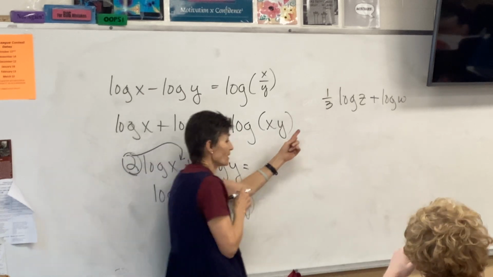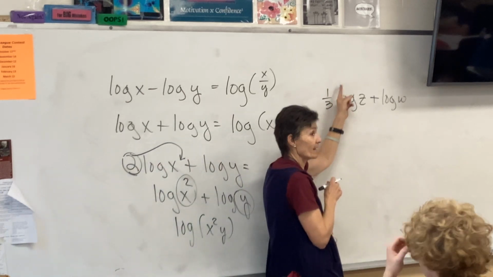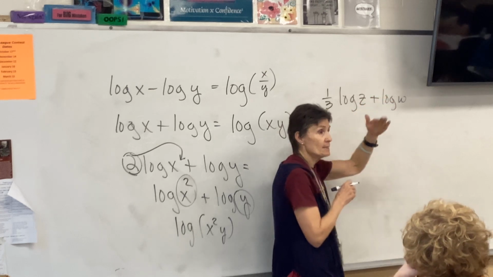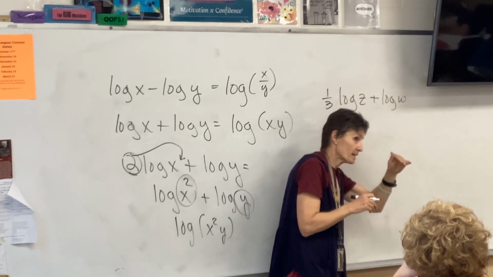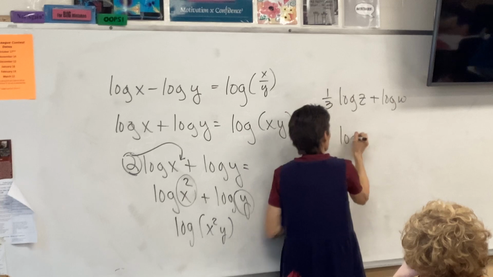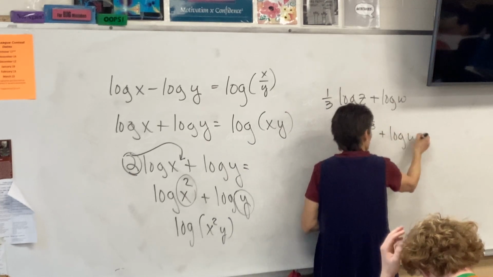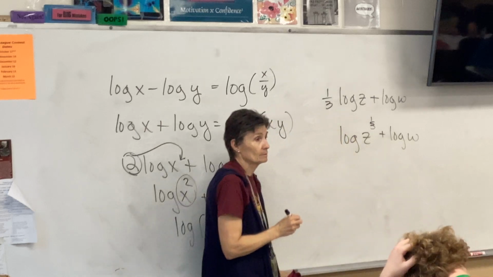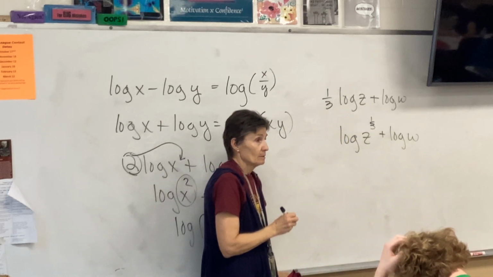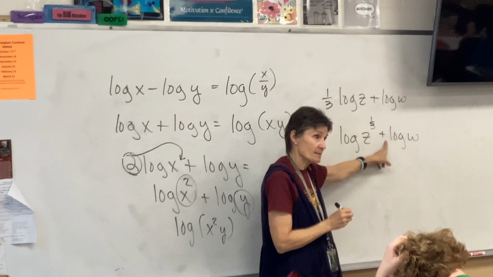Okay, so what am I going to do here? First, I'm going to take care of the exponent. Now, we're not changing it. It is going to stay z to the 1/3. Now, that's a plus.